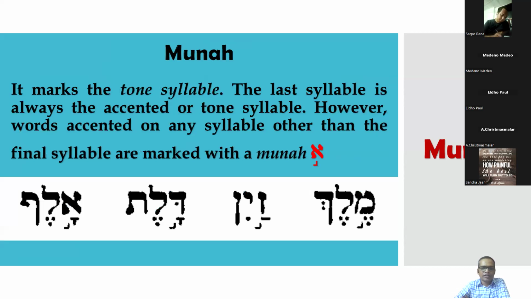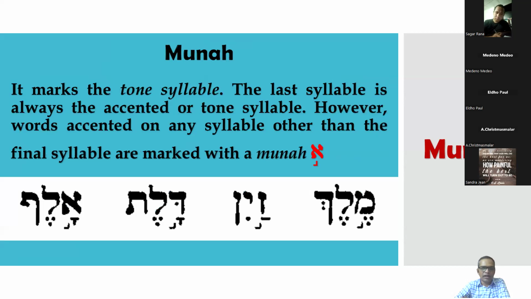What is the purpose of this munna? Wherever this munna is placed, that syllable has to be stressed. We have learned that the last syllable is usually the one to be stressed, and you will not see any sign.